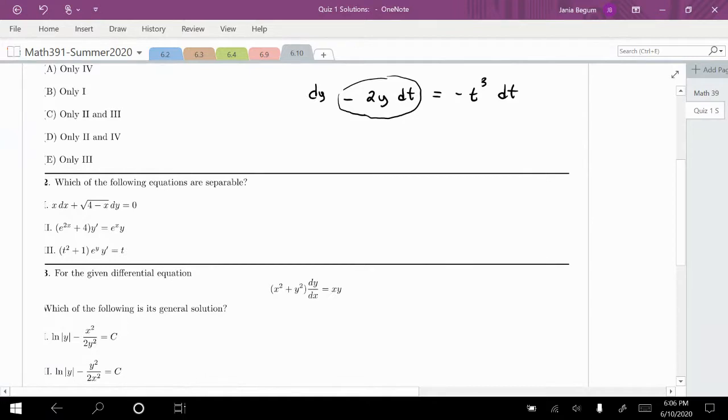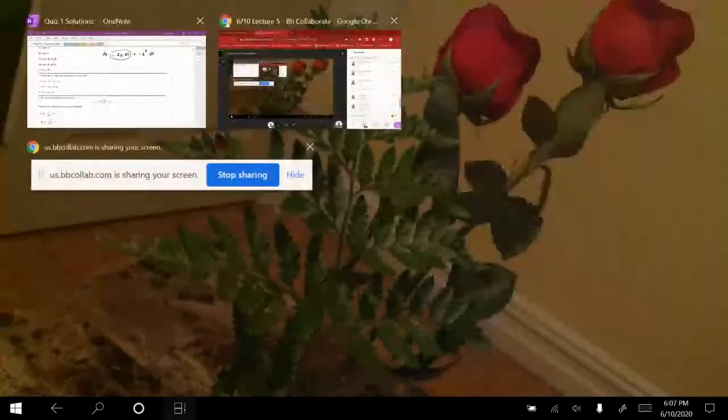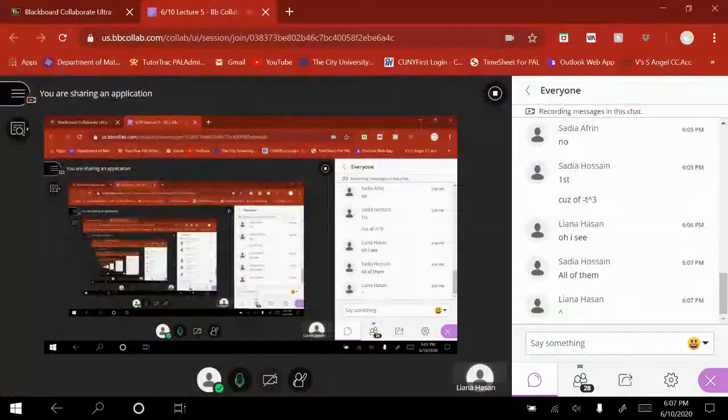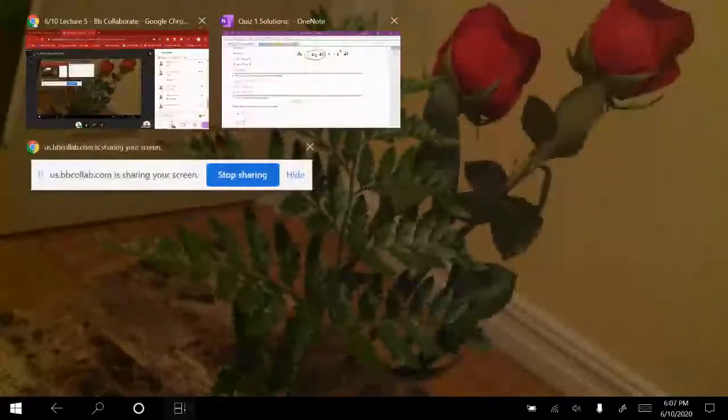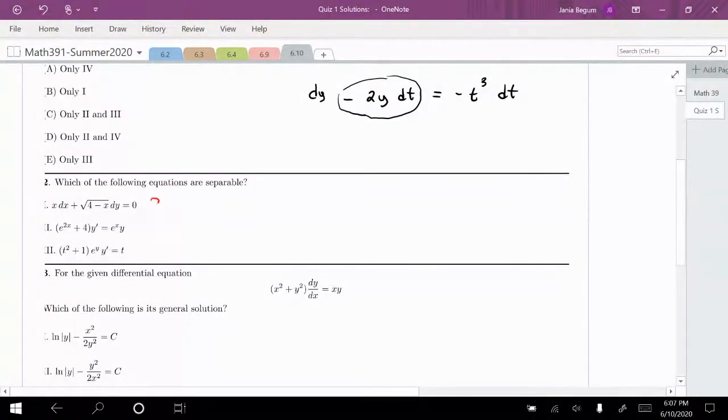You quickly want to check, can you write a function of x with dx and a function of y with dy? Is the first one separable? Sadia H, you said all of them are separable. Yes, the answer is yes, they're all separable.